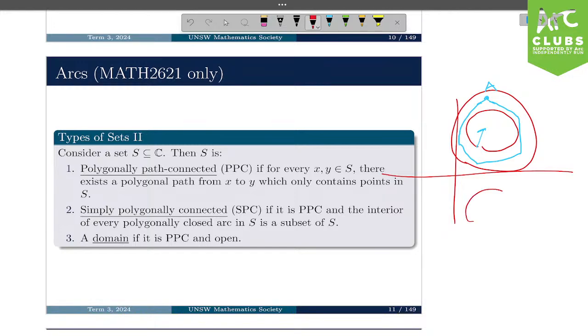Whereas if we just take a circle here, no matter which path we take, it's going to contain everything.